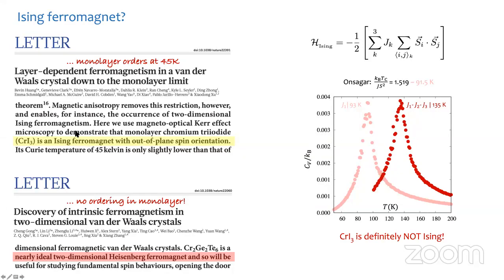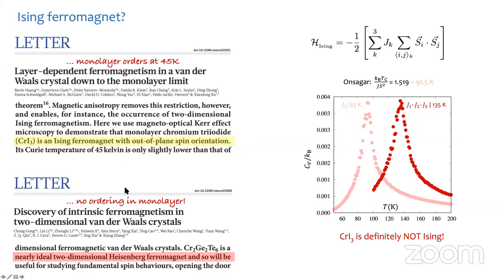So first let us look into CrGeTe3, where they found that there is no ordering in the monolayer, but it orders from the bilayer onwards, and the Tc is much smaller than what they see in CrI3.